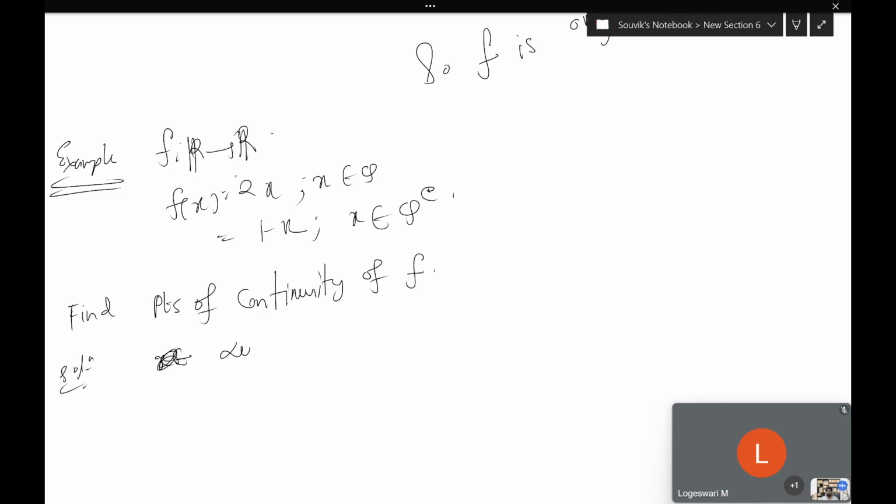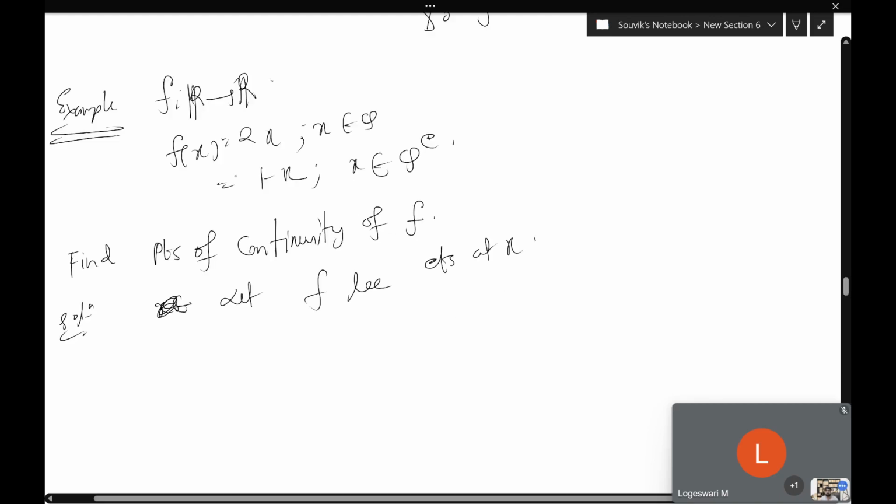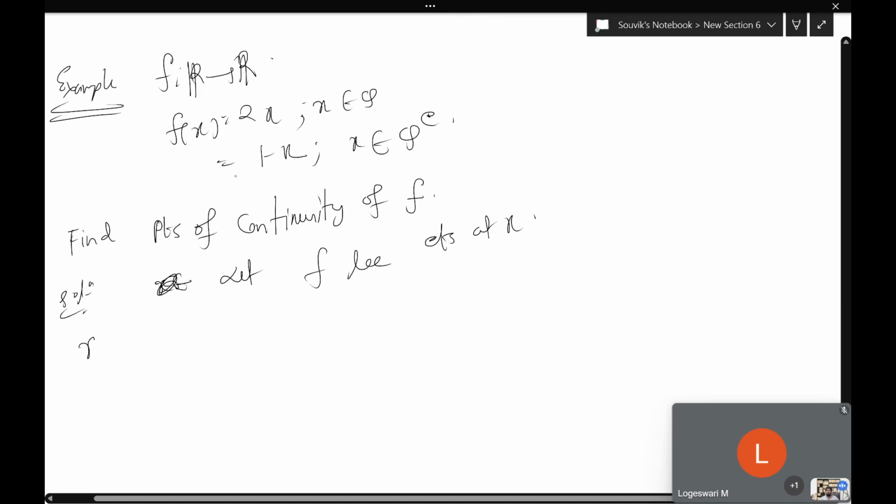So let f be continuous at x, and we need to find all possible such x. We take a sequence Rn of rationals and a sequence In of irrationals converging to x.